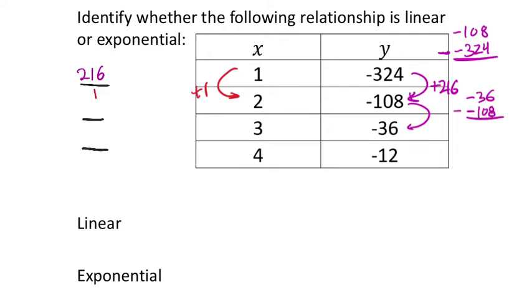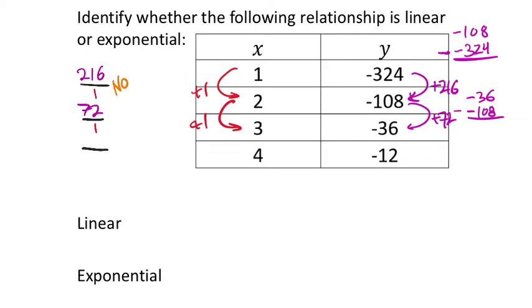This will tell us not only how far apart they are, but in which direction. So negative 36 minus negative 108, enter in my calculator, and it says it went up 72. If that were negative, then I would know it went down, but I got a 72 numerator, and then the x goes to the right one. So it's a 72 to 1 ratio, which is definitely not the same as 216 to 1 ratio.